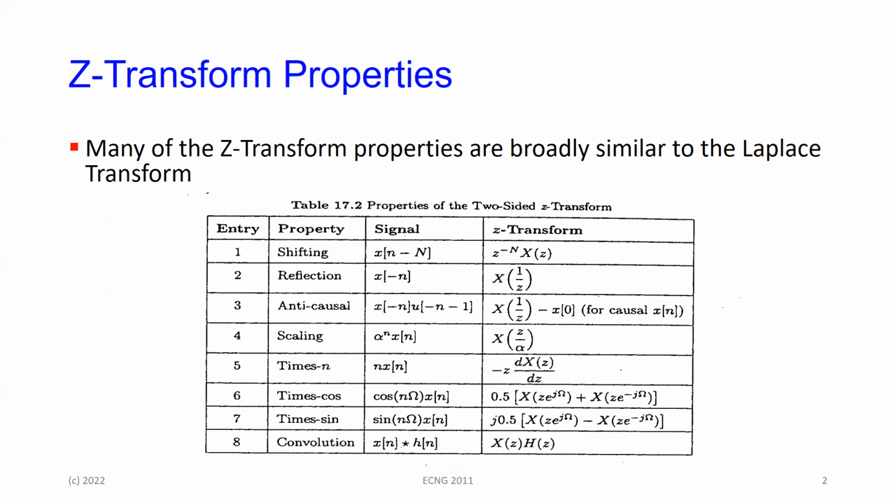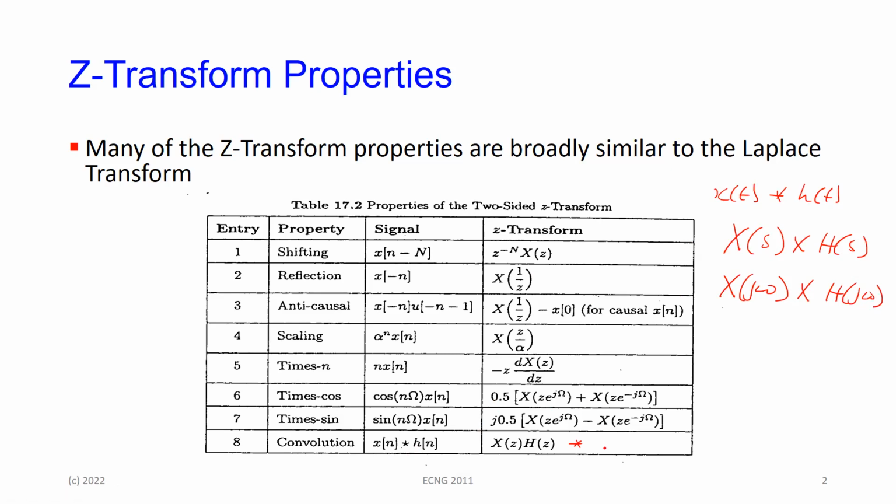But what we really want is this last one. Like the Fourier and the Laplace transform, the convolution: you remember x(t) convolved with h(t) in continuous time is X(s) times H(s), or you could even use the Fourier X(j omega) times H(j omega).